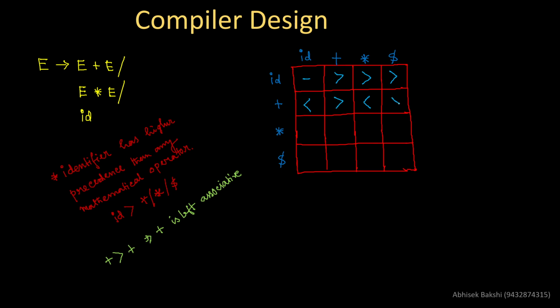By the way, always remember one thing: just like identifier has higher precedence than any other operator, in the same way you should also remember that dollar has lower precedence than any other operator.